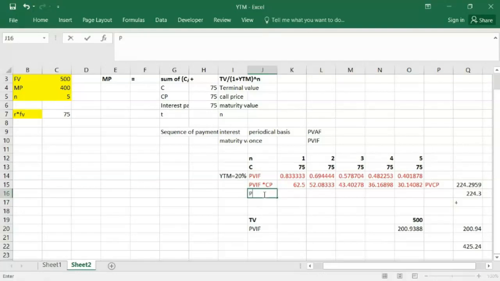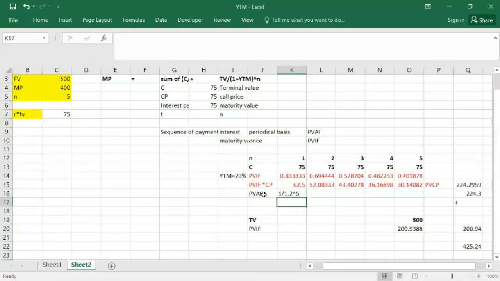What is the shortcut method for calculating the present value annuity factor? It is 1 divided by r multiplied by 1 minus 1 divided by 1 plus r to the power n. First, for the 5 years, I am going for the calculation: 1 divided by 1 plus 0.2, which means 1.2 to the power 5.